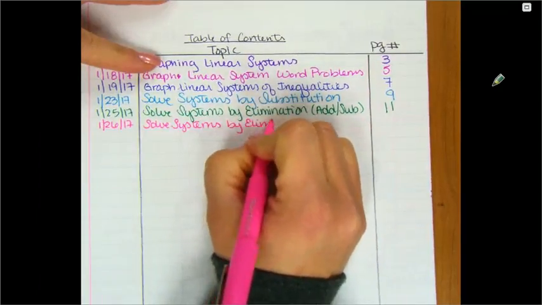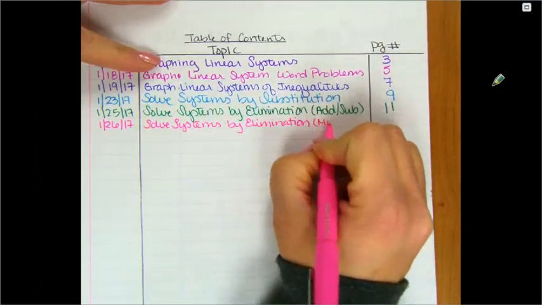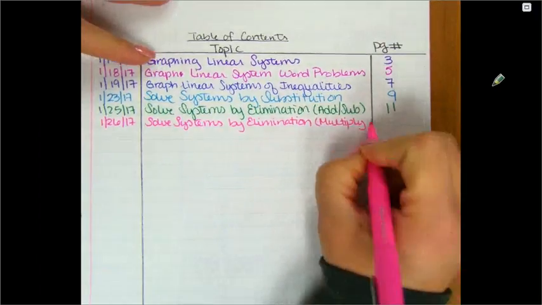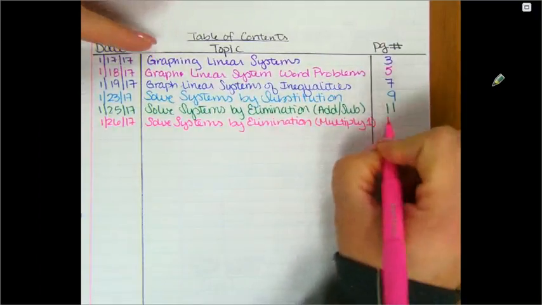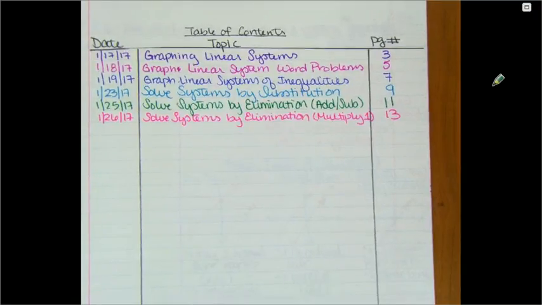What does it mean to eliminate? Take away, to get rid of, right? When you're playing in a tournament and you're eliminated, you're no longer in it. So we're still going to get rid of something, but we're going to multiply by one equation here.